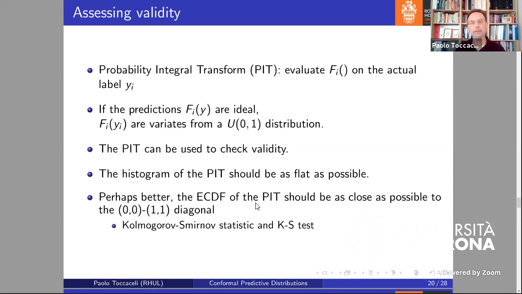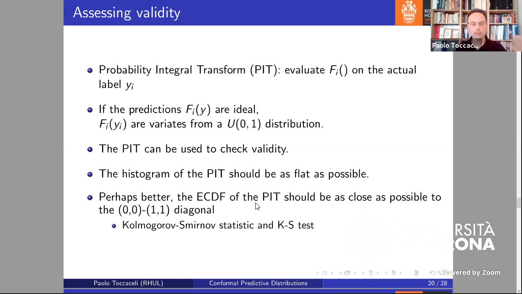We take the predictions, which in our case are effectively step functions, which should have the properties of cumulative distribution functions. And we evaluate them on the actual label that came up when nature disclosed the label.